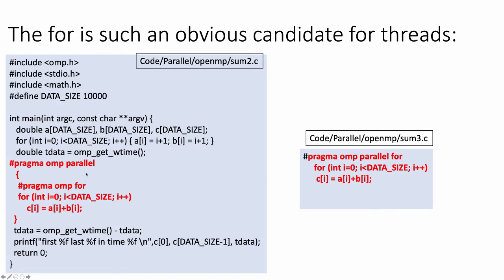Because the for loop is such a widely used thing within threads, they've got a special thing in the pragma for it. So we can have this pragma OMP parallel, and then inside the pragma, just before we have the for loop, we tell the compiler that here we're going to have a for loop, and we want it parallelized among all the threads.